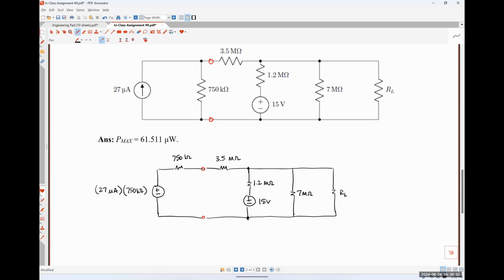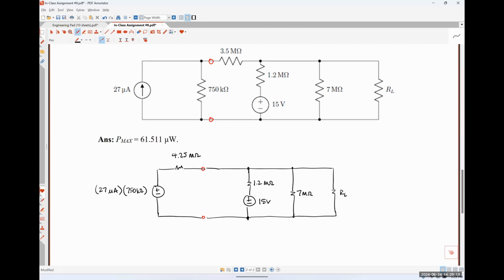So performing that source transformation allowed us to effectively move that resistor. And so now we can combine those two resistors, making the circuit more simple, right? So 750 kiloohms in series with 3.5 megaohms, to me, looks like 4.25 megaohms. Everybody okay with that? Yes, sir.